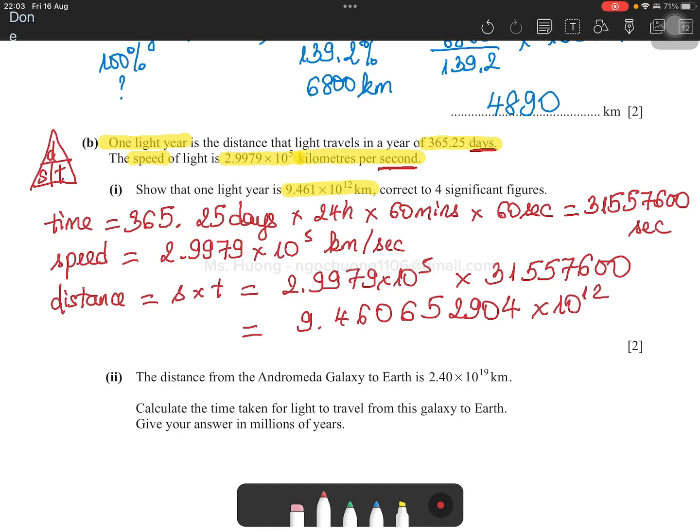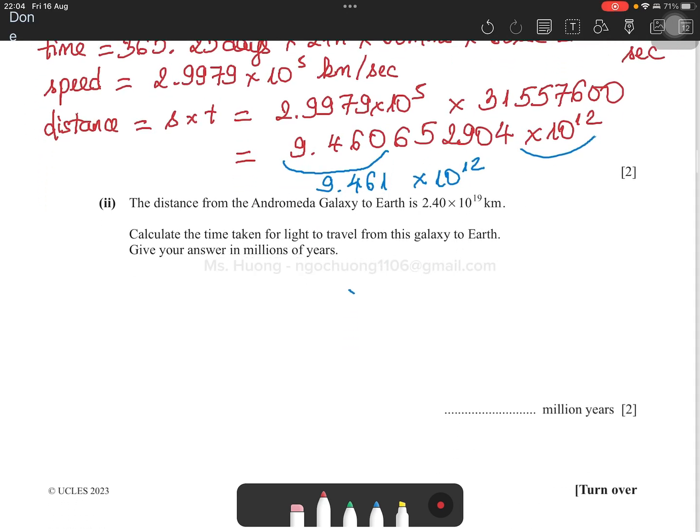And when we want to round it to 4 significant figures, then it is 9.461 times 10 to the power of 12. Here we go.